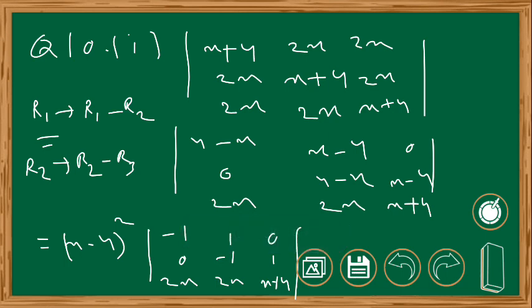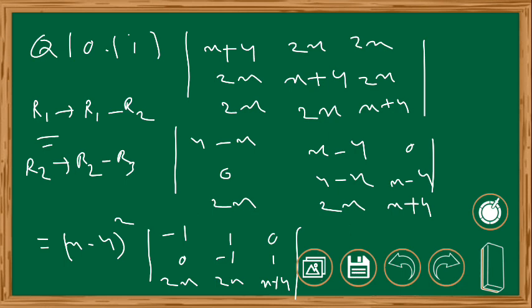Now look, minus 1 plus 1 will give you 0, and this is also 2x and 2x; if I subtract them, I can get another 0, right? So I can create 0 in either way.